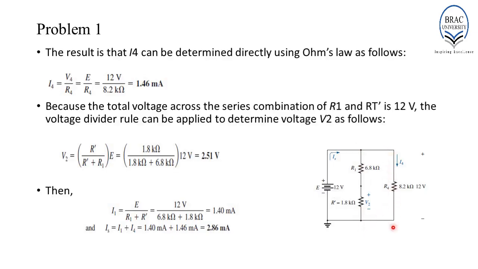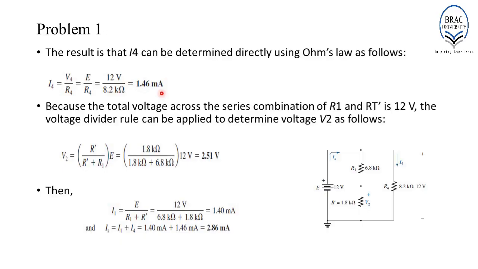Hence, I4 is determined using Ohm's law with the formula I4 equals V4 by R4, which is equal to 12 volt by 8.2 kilo ohm, which is equal to 1.46 milliampere.